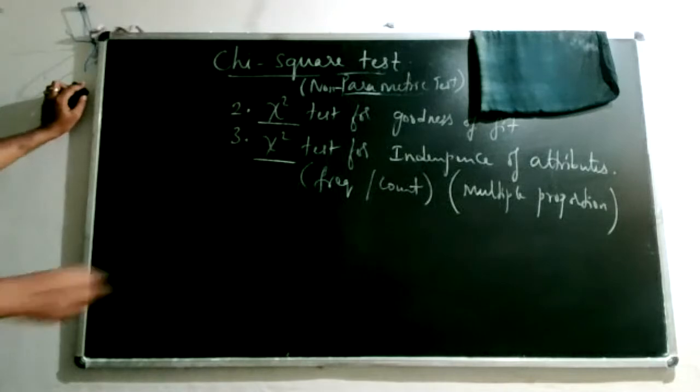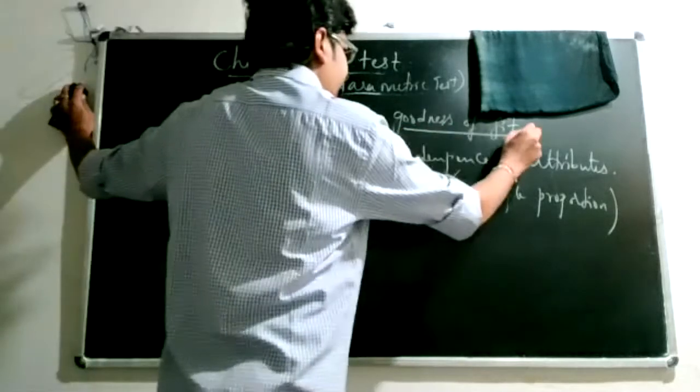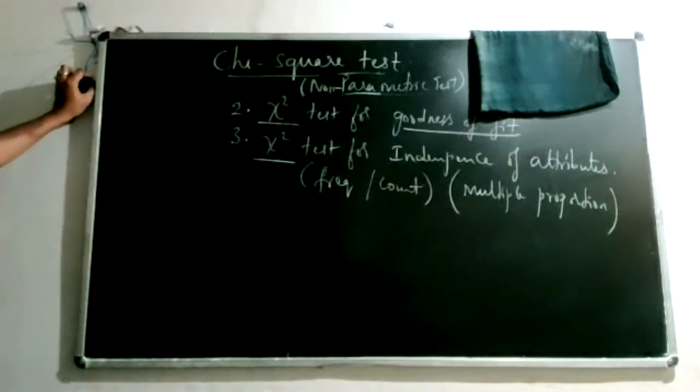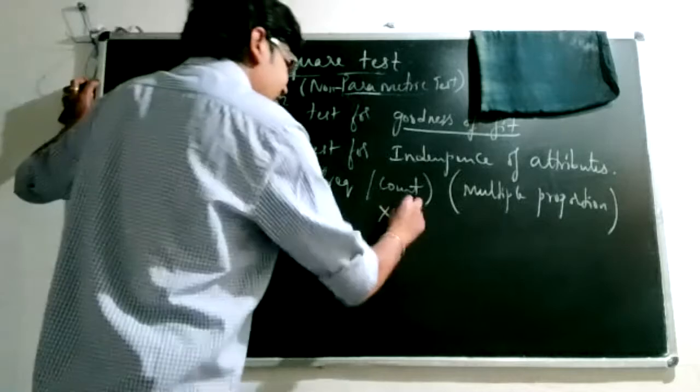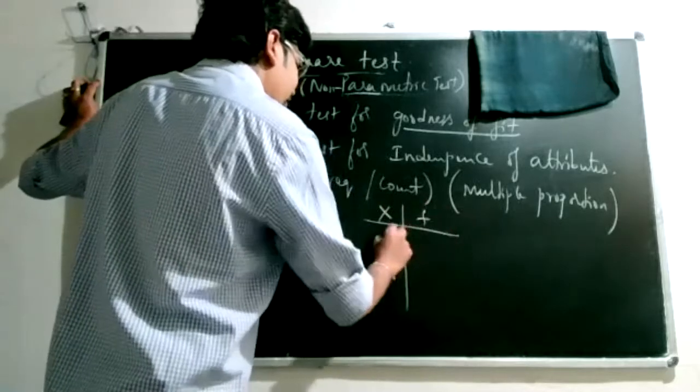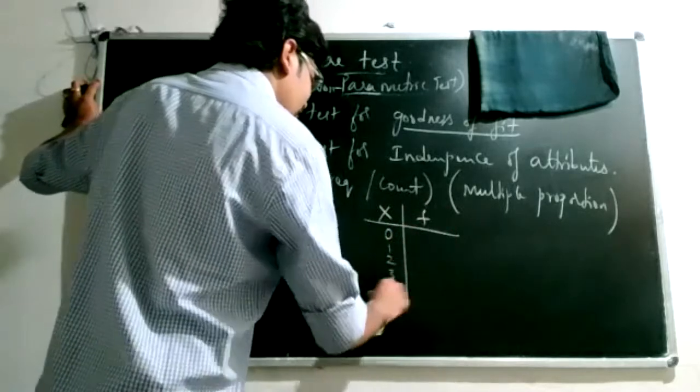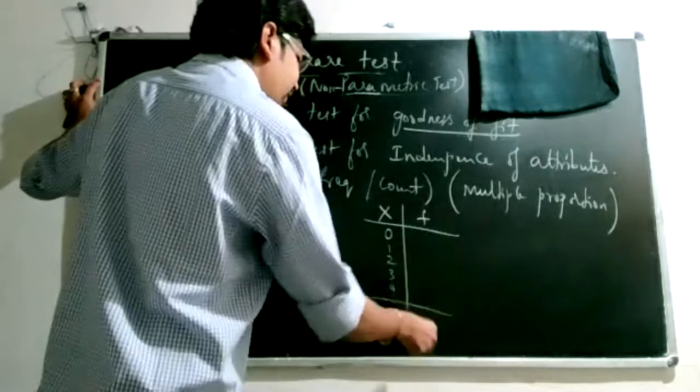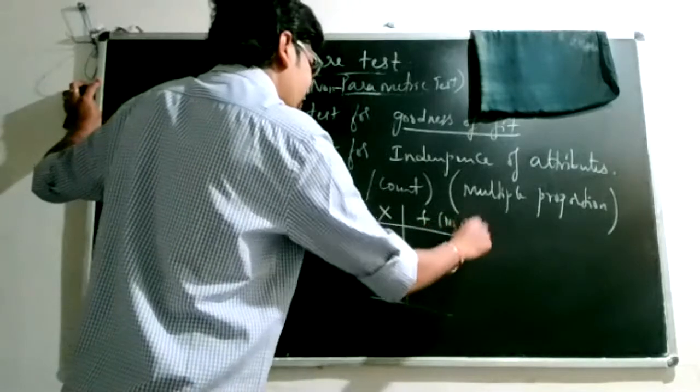This test, goodness of fit, is used in the cases where you want to apply some theoretical distribution, like say binomial distribution or Poisson distribution or normal or any other standard distribution, to a particular set of data. So you have observed a set of data, say the number of decayed teeth, and then the frequencies or number of patients, number of persons.